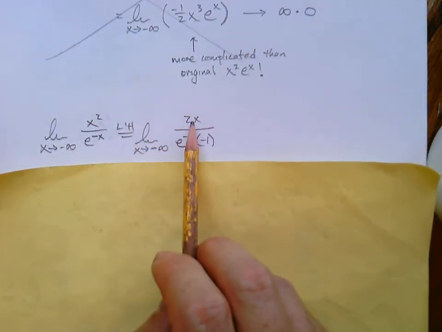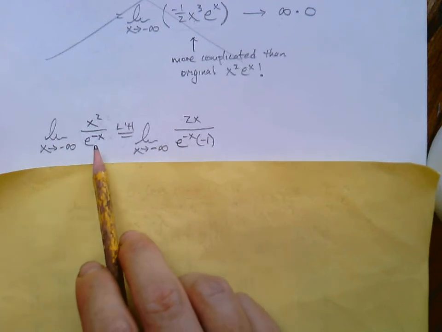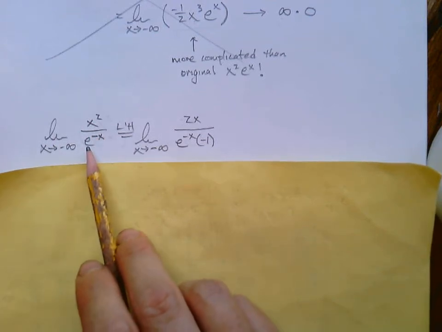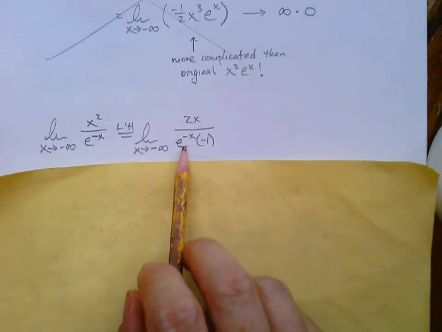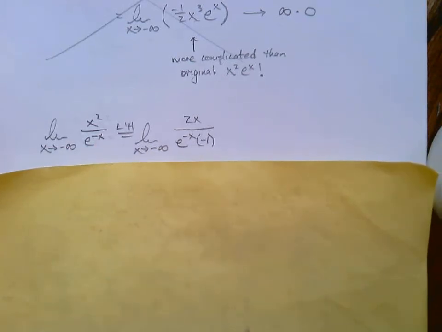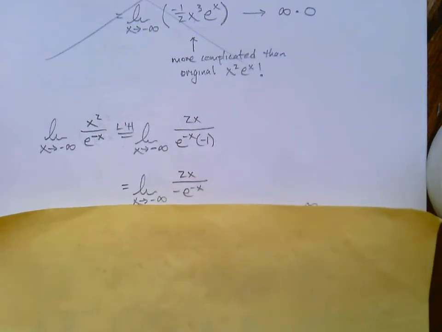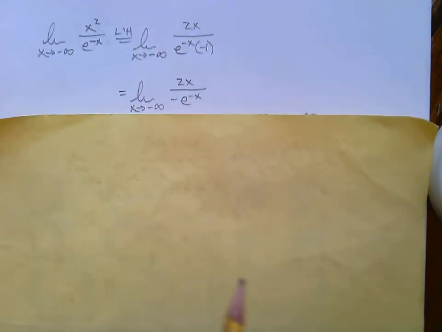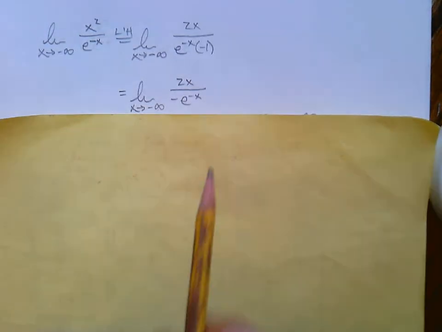And here I've got 2x. Here we've got a chain rule. Negative x is the inside. So derivative of e, we copy, and derivative of negative x is -1. So just a super quick simplification there: 2x over negative e to the negative x.